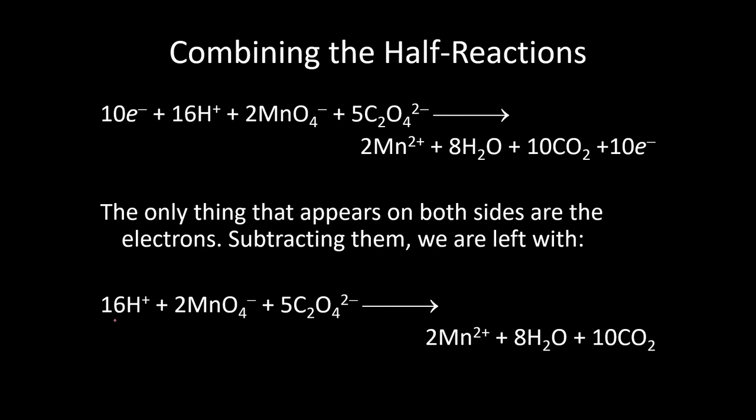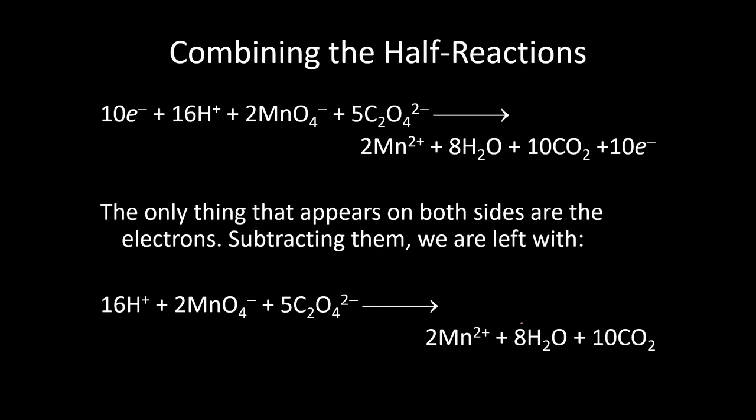So we have 16 hydrogens, 2 permanganates, 5 oxalates, goes to 2 manganese 2+, 8 waters, and 10 CO2s. And if you check the equation here, that is the balanced equation for this redox reaction. The carbons are balanced, hydrogens, oxygens, and manganese, and charge are all balanced.